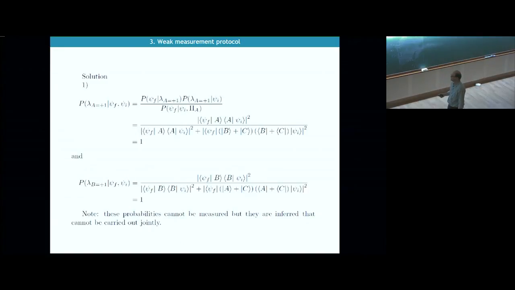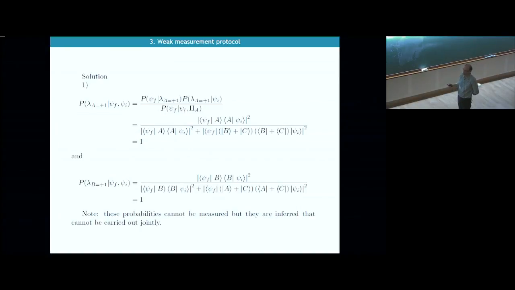So if I apply Bayes' rule to compute the probability that A equals +1 conditioned on the fact that the initial state is psi I and the final state is psi f, this is just the probability of obtaining psi f when the outcome of the intermediate measurement is +1, times the probability of reaching A from the initial state, and then divided by the sum.